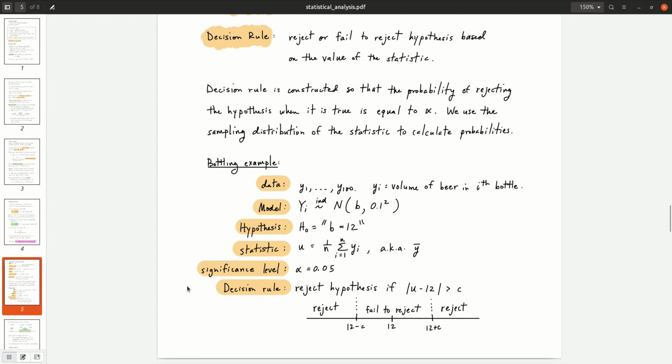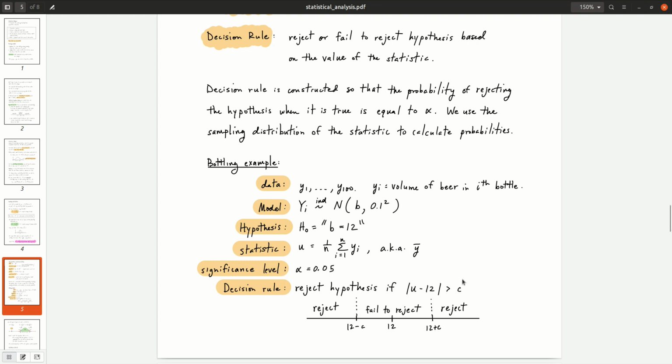And then our decision rule is we're going to reject this hypothesis, B equals 12, if the difference between the statistic, which is the sample average, and 12 is bigger than some cutoff. This is just another way of saying that we're going to reject the hypothesis if it's less than 12 minus C or bigger than 12 plus C. And if it's between 12 minus C and 12 plus C, we're going to fail to reject.